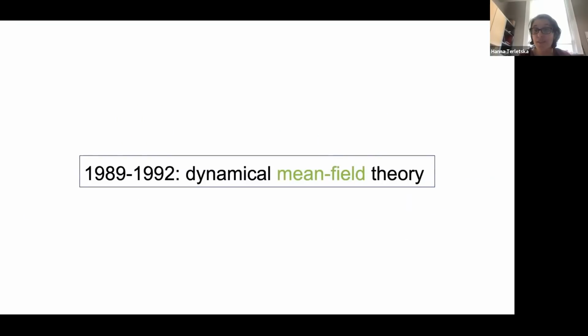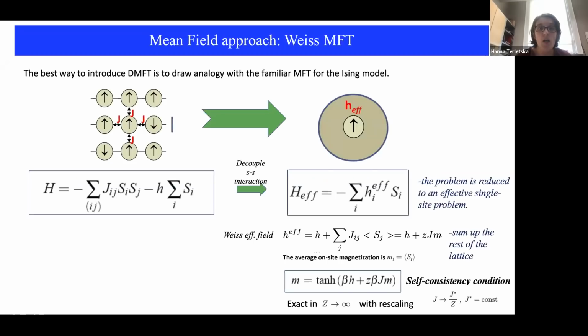Okay, so dynamical mean field theory. That's the reason I put the slide here. There is a keyword here, mean field, and we have to be a little bit careful about this. Let me just remind ourselves what we mean by the mean field approximation approach. The best way to introduce DMFT is to draw an analogy with the static mean field theory, which we all learn in our statistical mechanics course, and this describes, if applied to the Ising model, right?